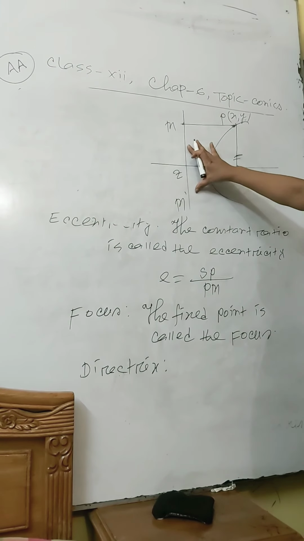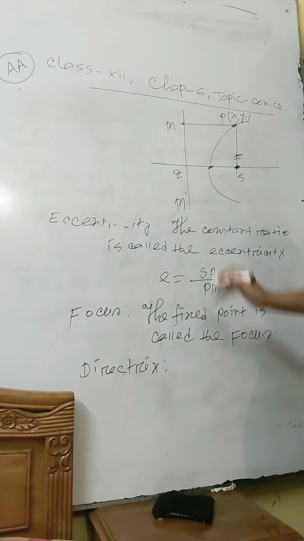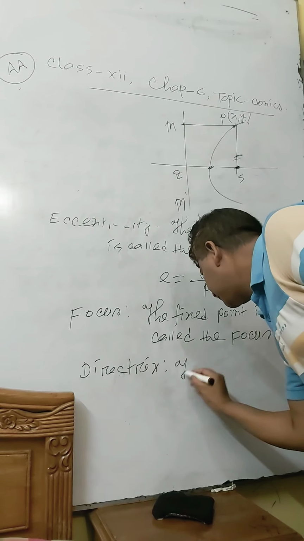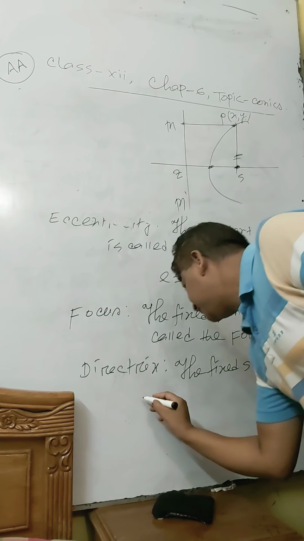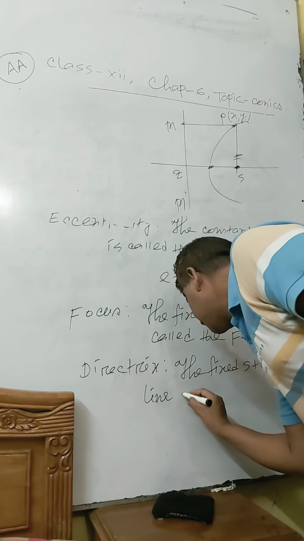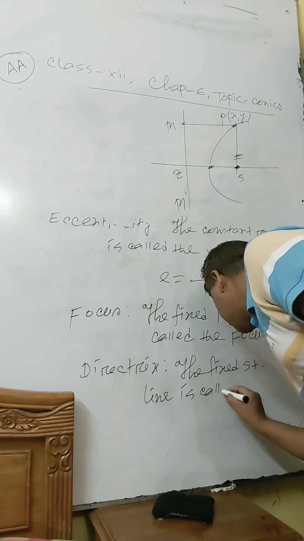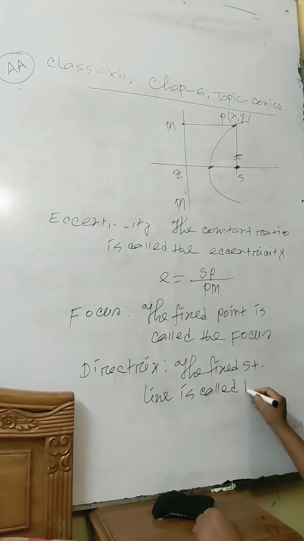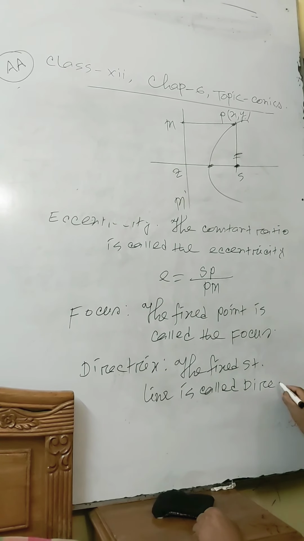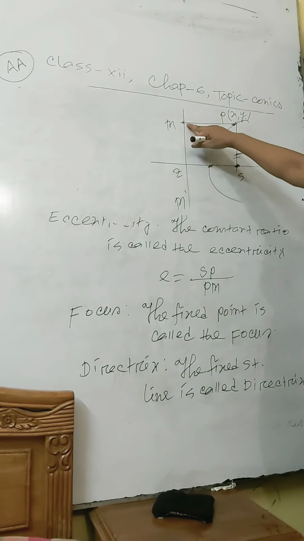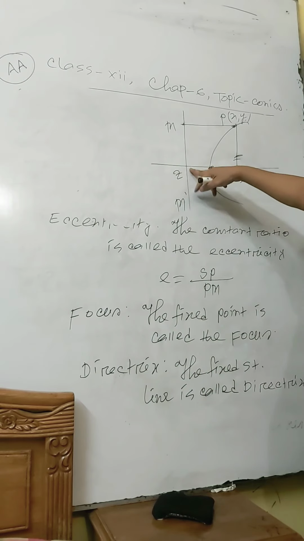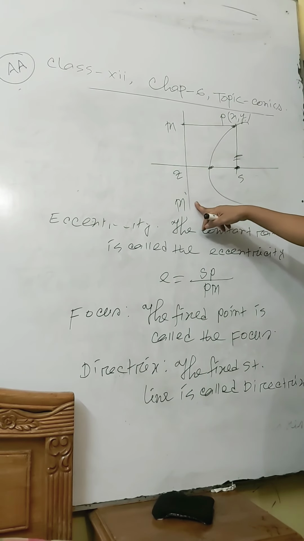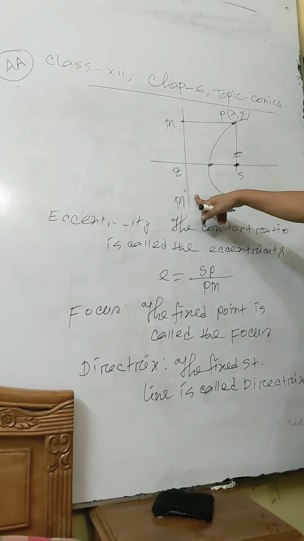This is MZM prime, a fixed straight line. The fixed straight line is called the directrix. In the above figure, it is seen that MZM prime is a fixed straight line. This is known as the directrix.